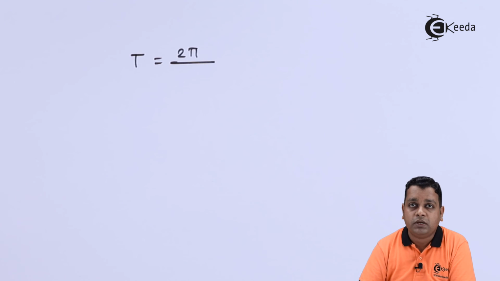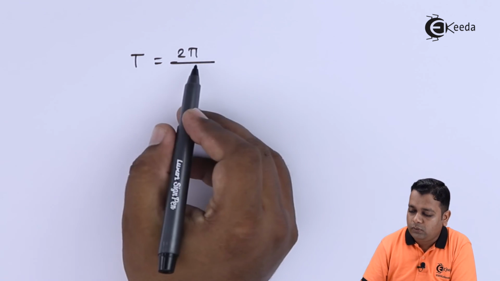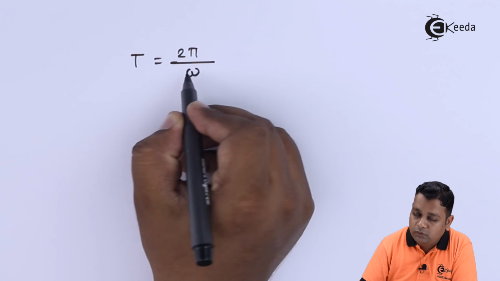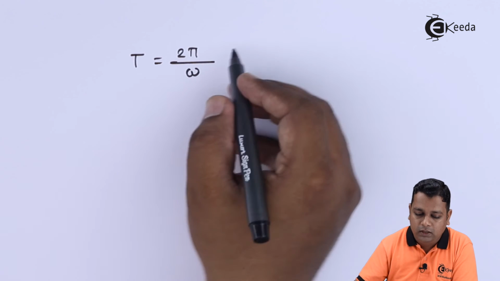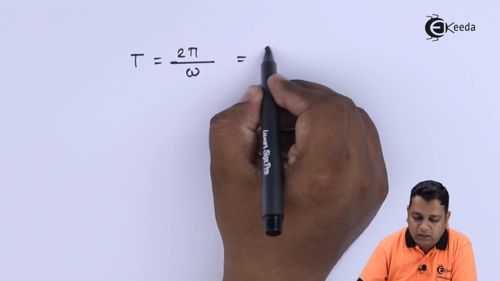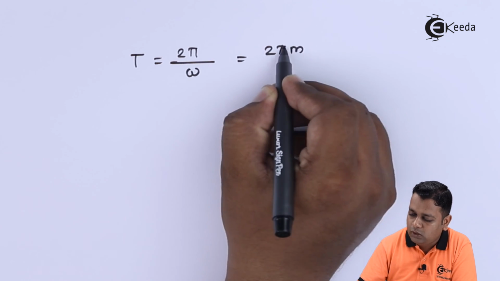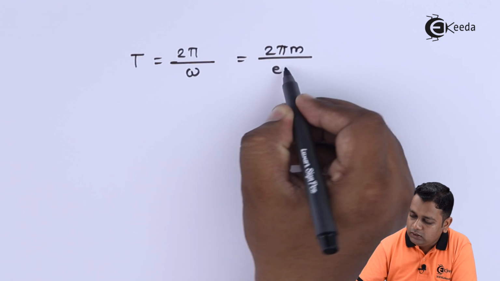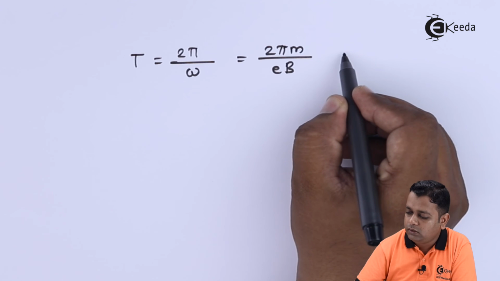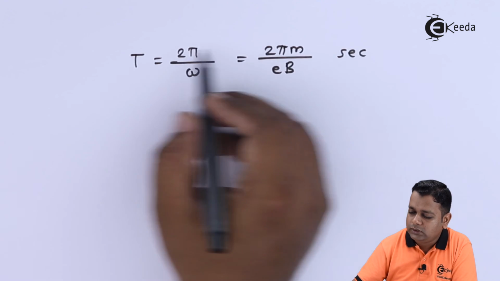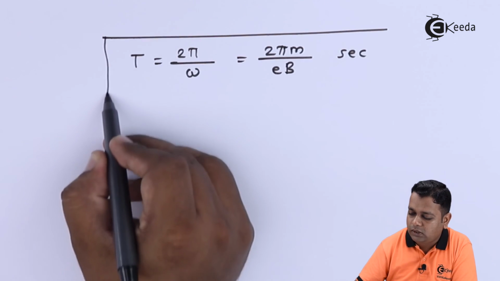For 2 pi phase of rotation, with angular frequency omega, 2 pi upon omega gives us the value of T. Hence finally we can write 2 pi small m divided by E into capital B. As a time period, in the MKS system, seconds will be the unit of measurement.